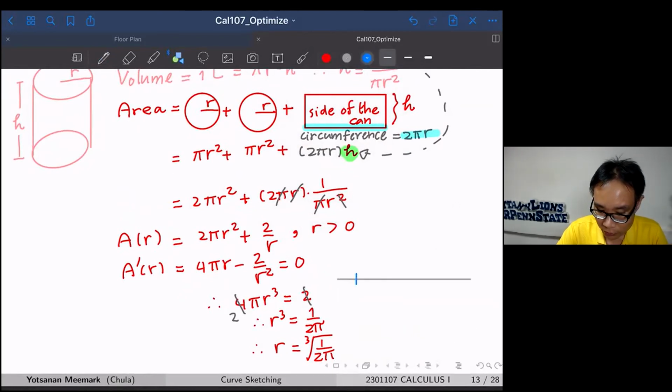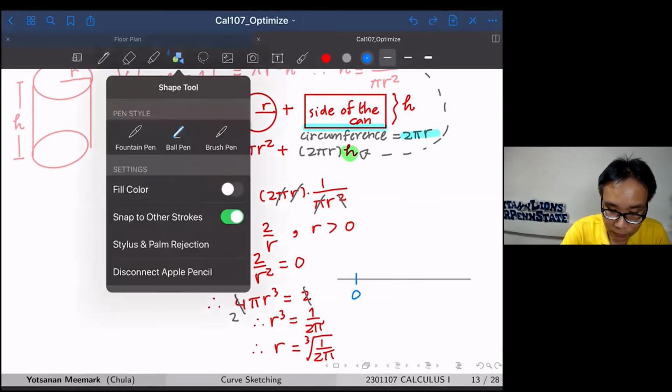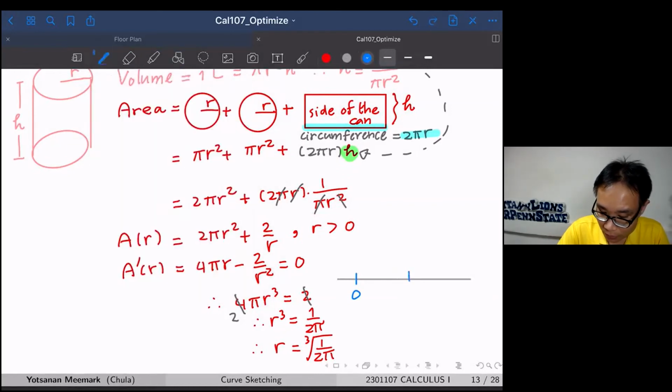So you're going to get 0, which is your endpoint, and the critical number is the cubic root of 1 over 2 pi.